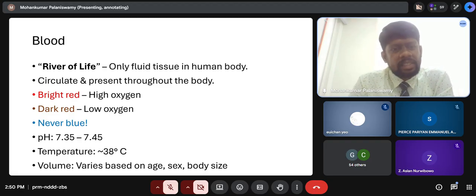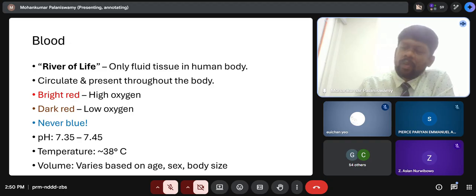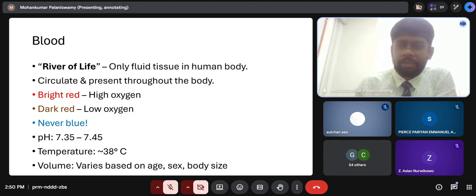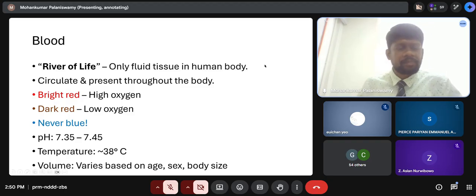If the blood is low in oxygen content, it will be dark red. But the blood will never look blue. Sometimes when we look at the body, we can see vessels which look blue, so some people may think blood is blue, but no, blood can never be blue.